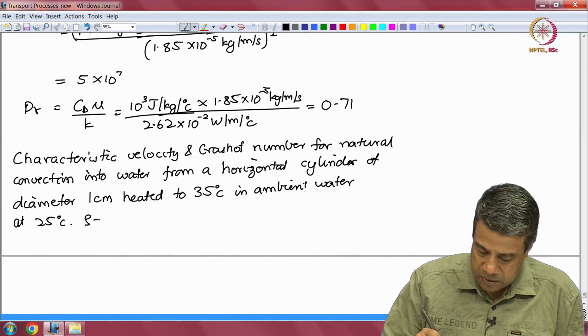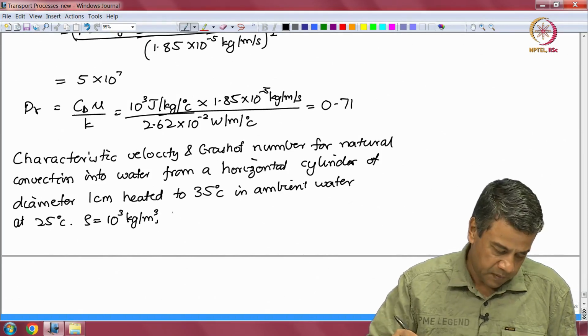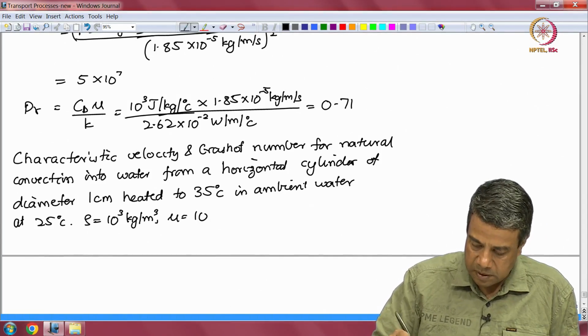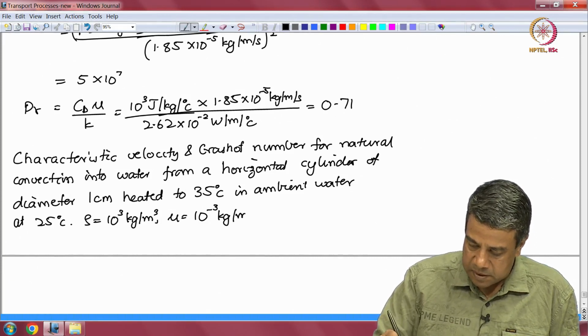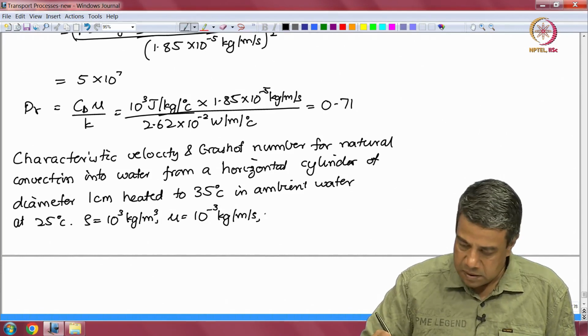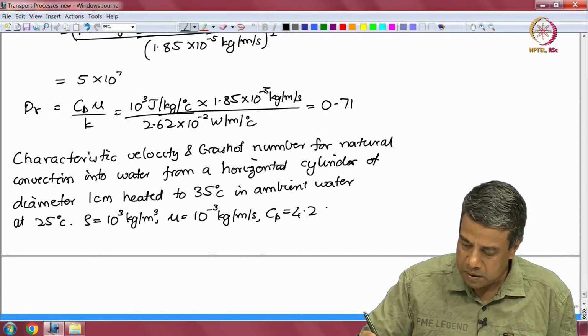For water, rho is equal to 10 power 3 kg per meter cubed. Mu is equal to 10 power minus 3 kg per meter per second. Cp is equal to 4.2.